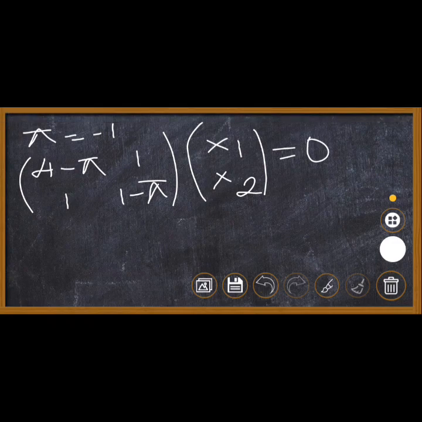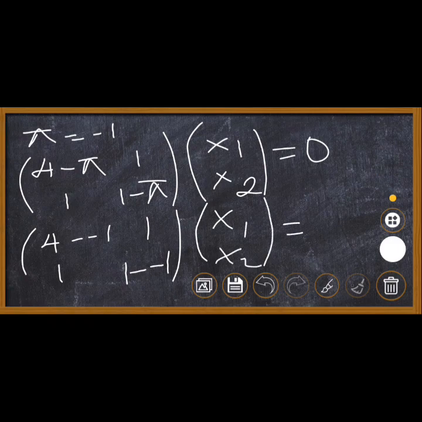So our pi is negative 1, so it's 4 minus negative 1, and then we have 1, and then 1 minus negative 1, and then we have x1 here, x2, all of this equal to 0. So let's create space here.